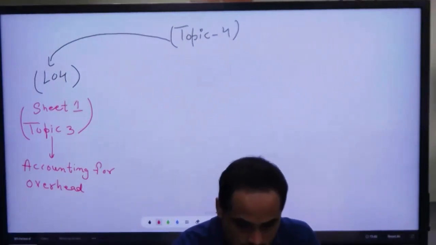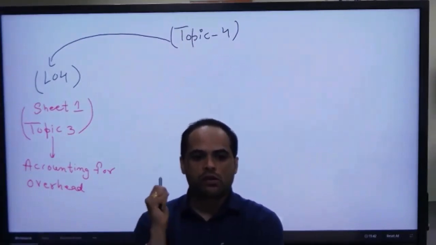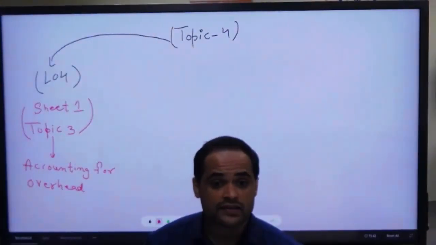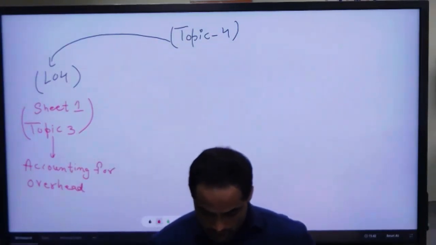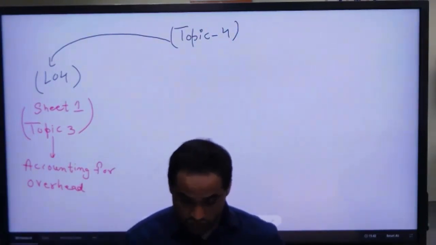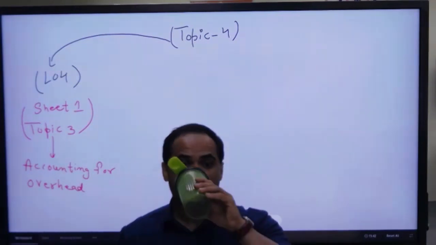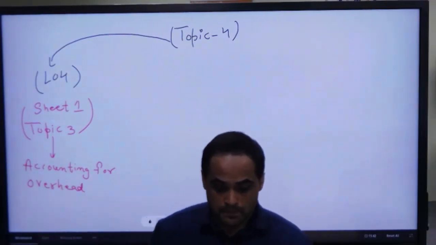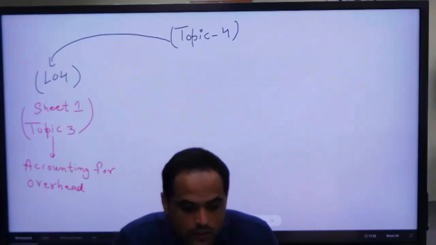Before we move on to the calculation part, do you have any question? Learning outcome 5 is the calculation part. So do you have any question about learning outcome 1, 2, 3, 4? Anybody has any question? Or do we move on to learning outcome 5?